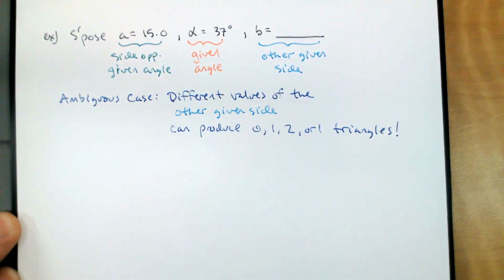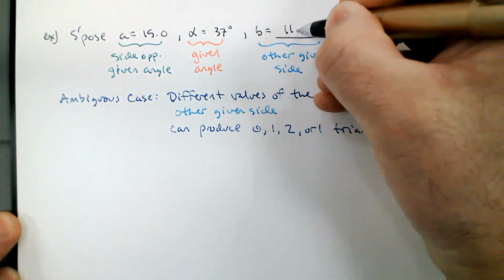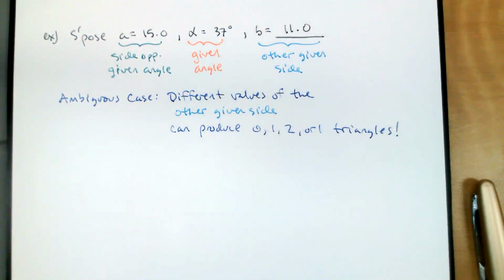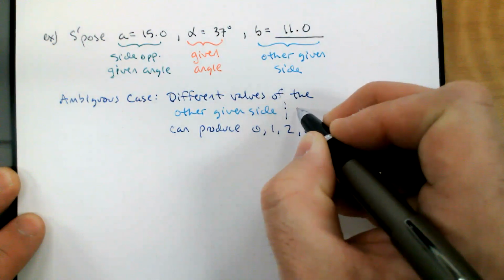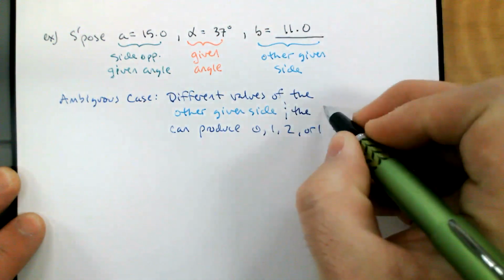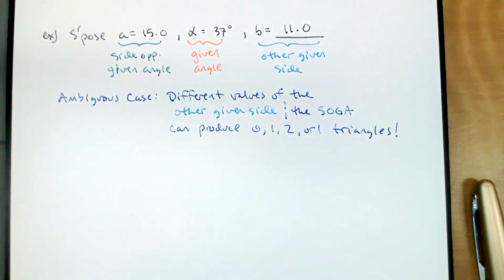I'm going to say the other given side is... Different values of the other given side and the side opposite the given angle can give 0, 1, or 2, or 1 triangles.